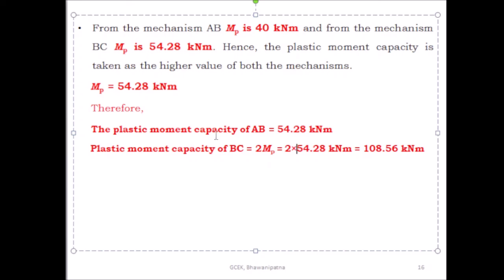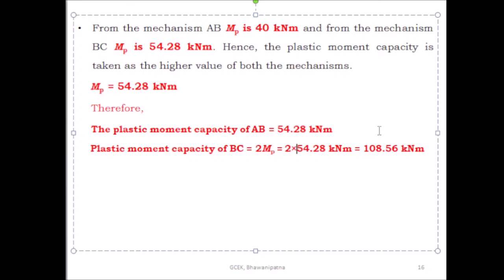The plastic moment capacity of AB is equal to MP, which is 54.28 kilonewton meter, and the plastic moment capacity of BC is equal to 2 MP, which is 2 into 54.28, equal to 108.56 kilonewton meter.